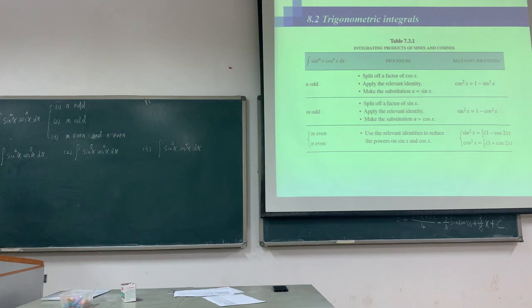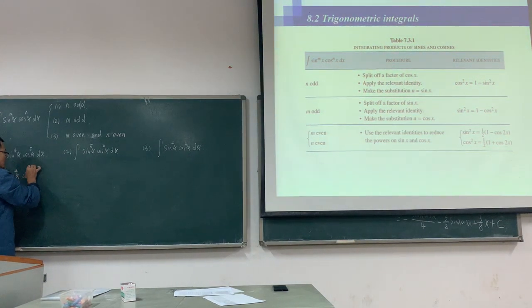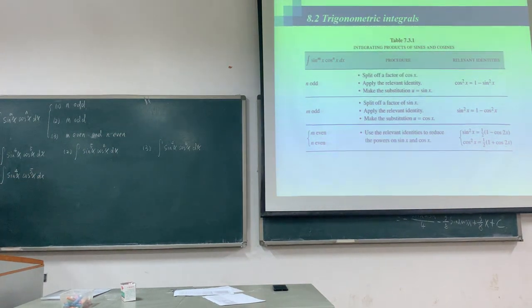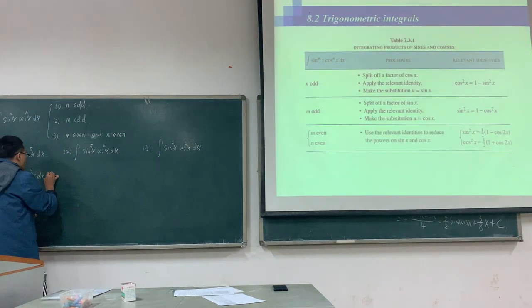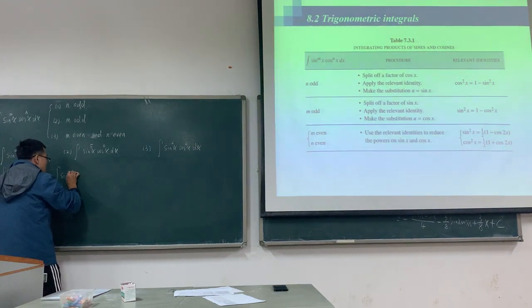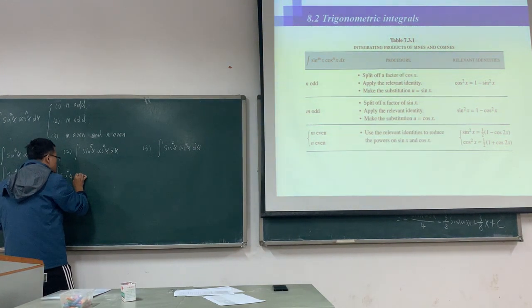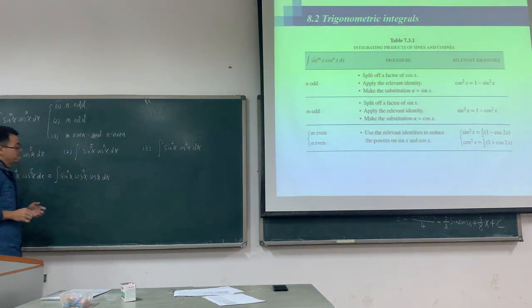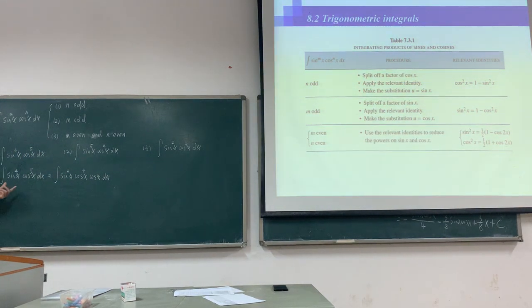So for number one, we have sin x to the 4th power, cosine x to the 5th power dx. Because this 5 is odd, we split off one cosine x, and write it in this form: sin x to the 4th power, cosine x to the 4th power, and cosine x dx.